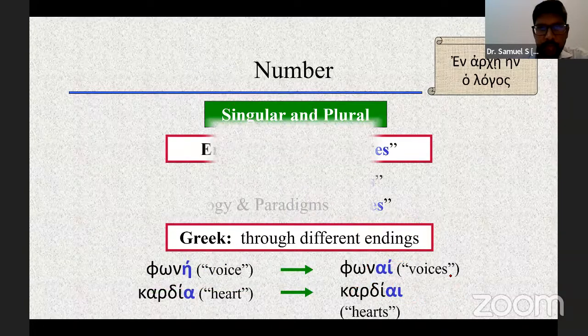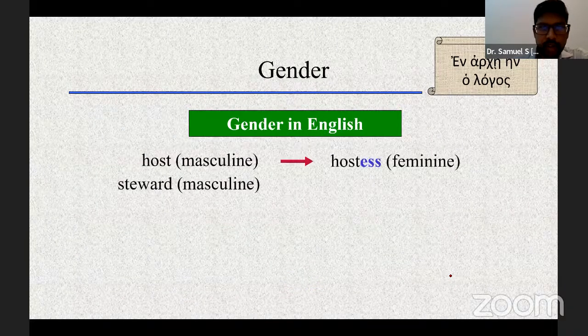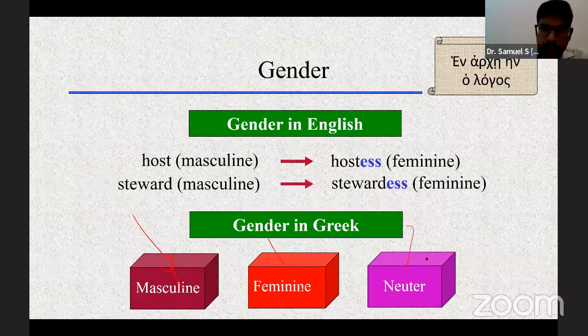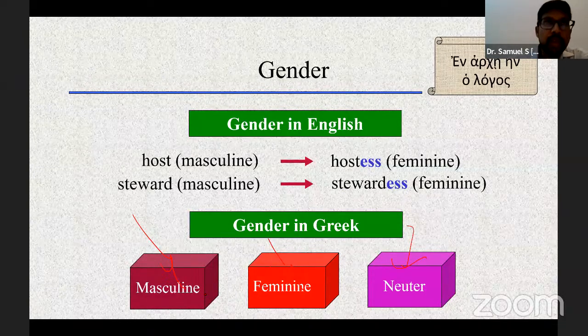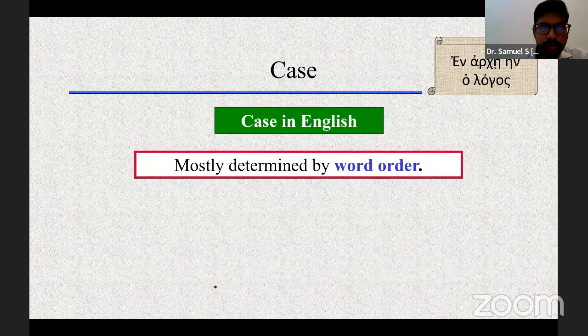We looked at this. Then we looked at gender. Gender is just categorization in Greek. Three categories. Every noun can be one of these. And then case is the function.